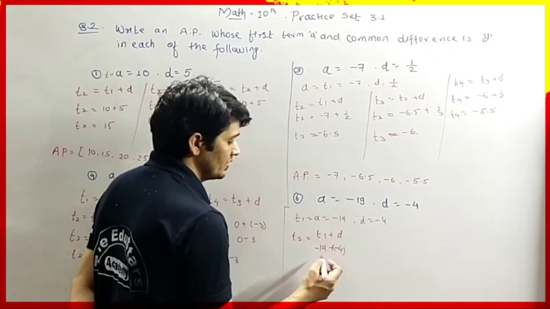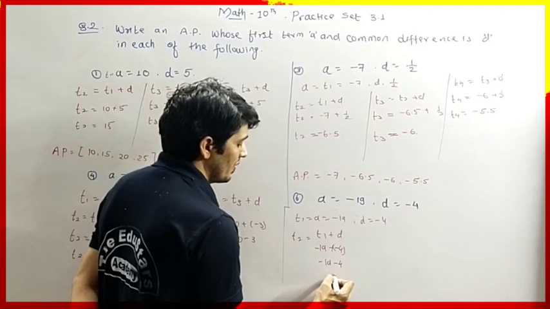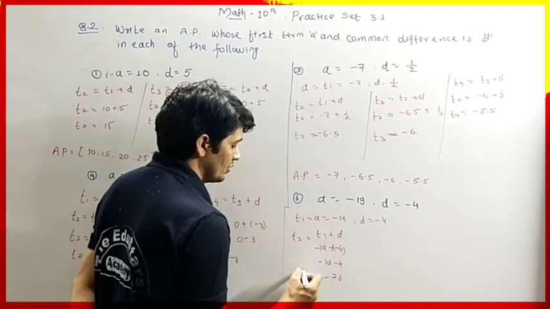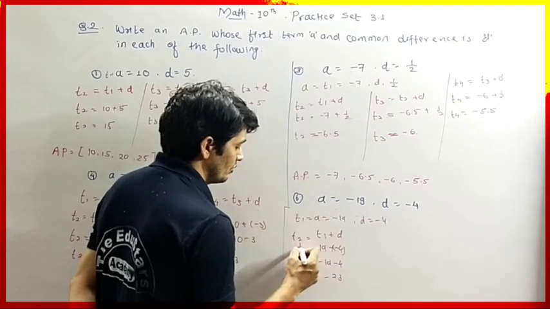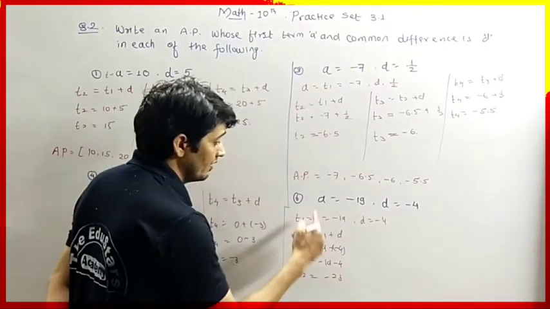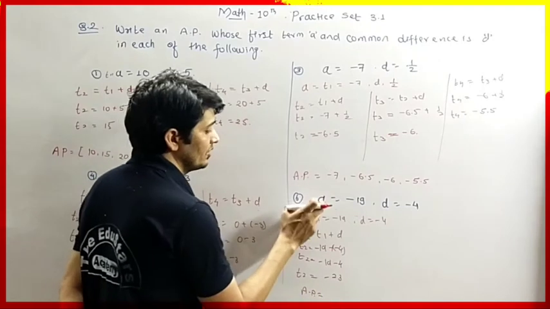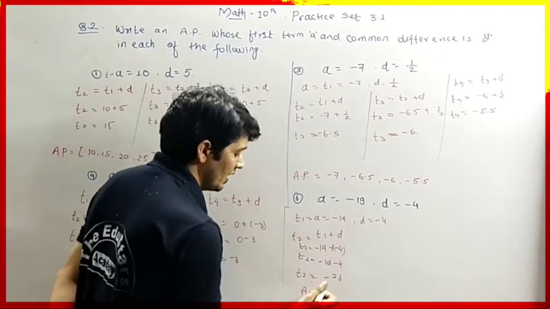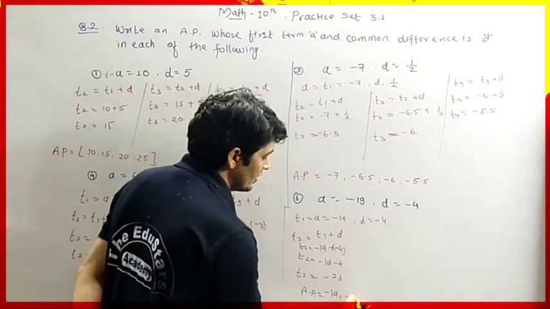So plus minus is minus, so minus 19 minus 4 will be minus 23. So T2 equals minus 23. So the arithmetic progression for this condition: T1 is minus 19, T2 is minus 23.